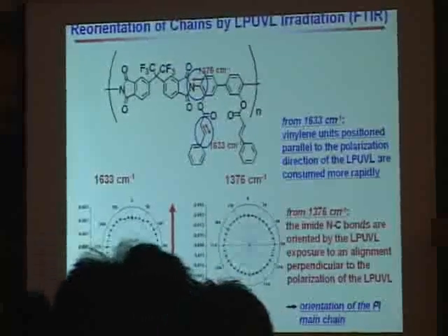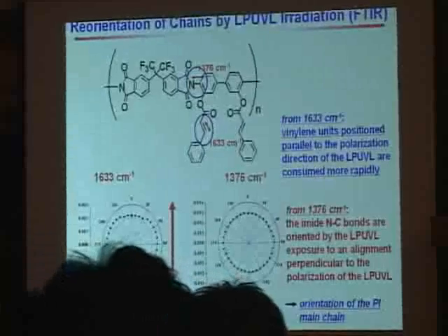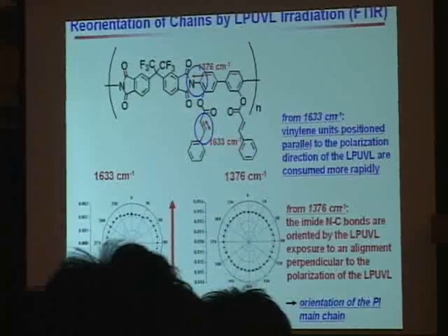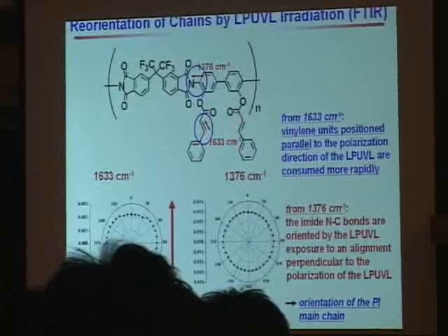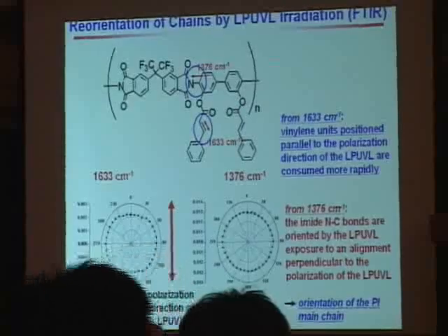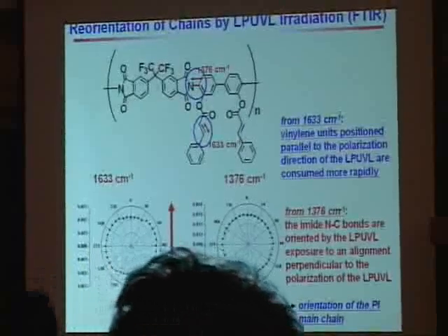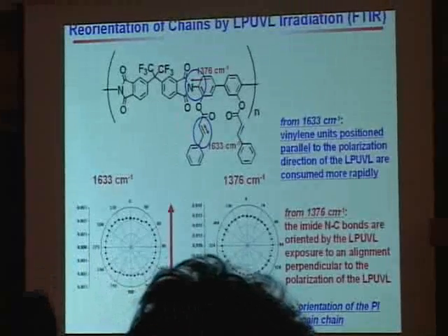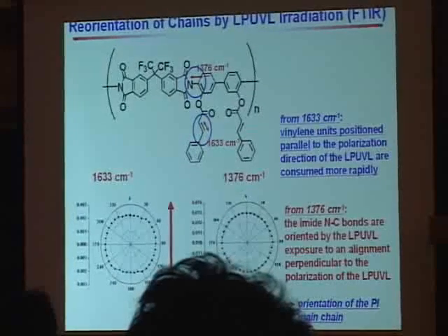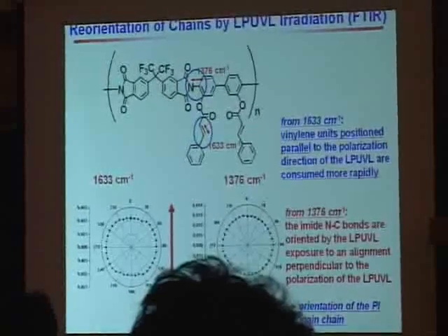And we also measured the polarized FTIR. As shown here, we measured two peaks. One is the 1633 cm-1, and the other is the 1376 cm-1. In this case, we can know the information of the polymer chain orientation, and in this case, we can know the photoreactivity.